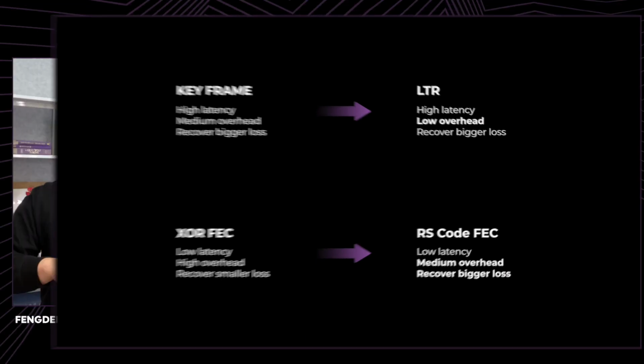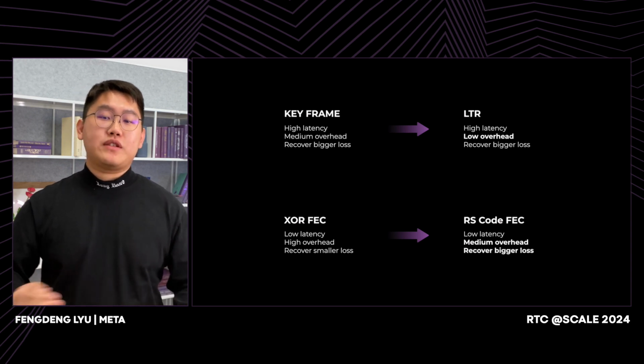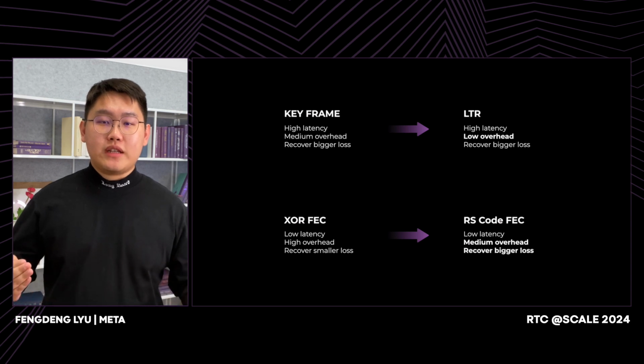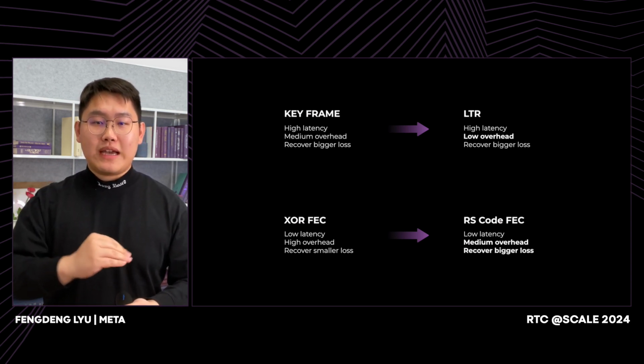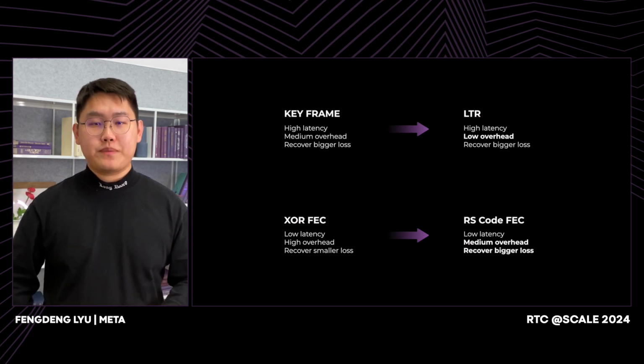On the other hand, because the open source community only has XOR-based FEC as its solution, RS code is really needed because RS code can take less overhead but achieve much better recovery properties. We will come back to that later. Next, I'll hand it over to my colleague Fan to talk about LTR.